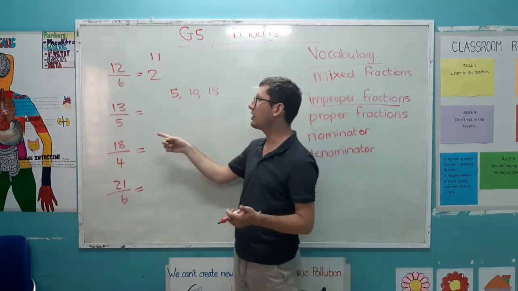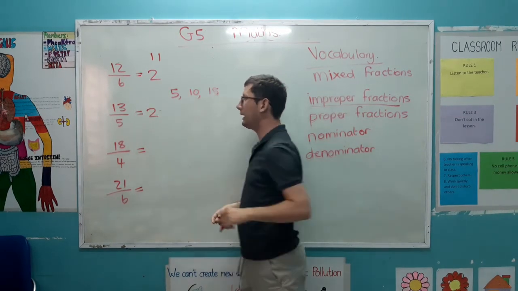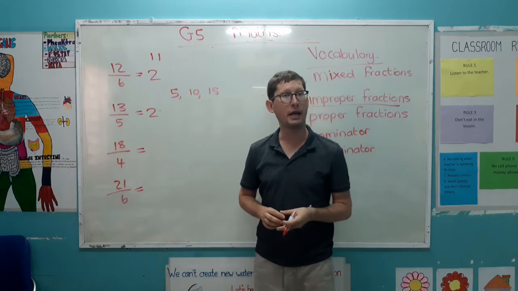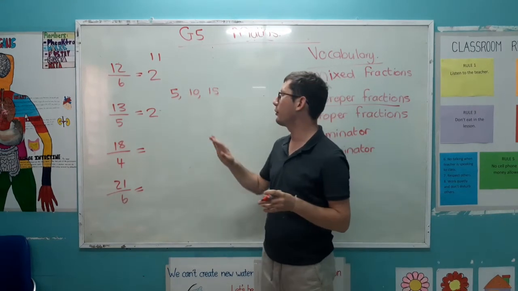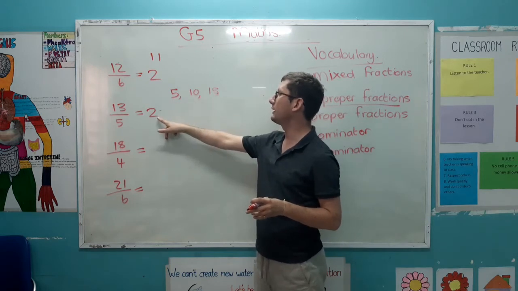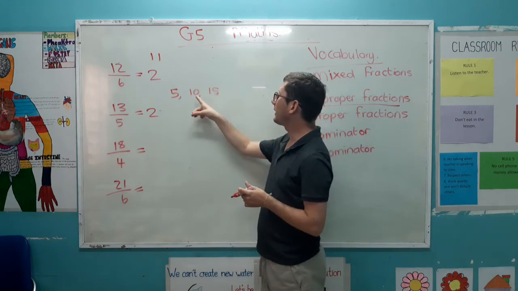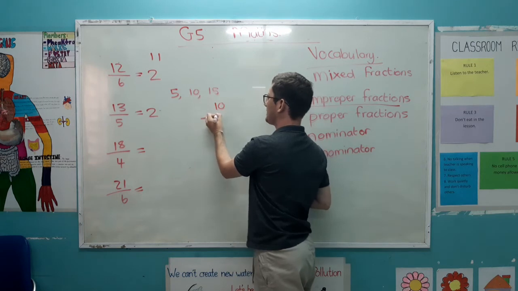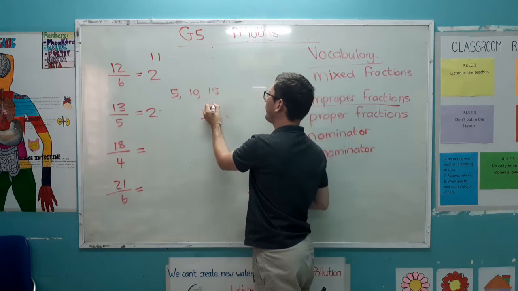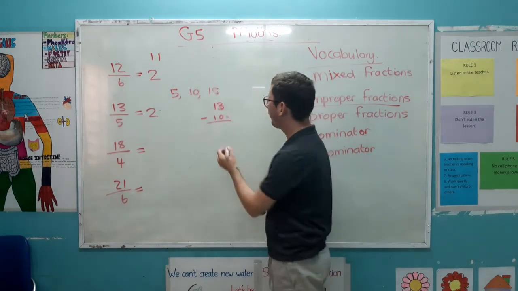So 5 goes into 13 2 times. And we have a remainder. We take 13 minus 10, and it gives us 3.